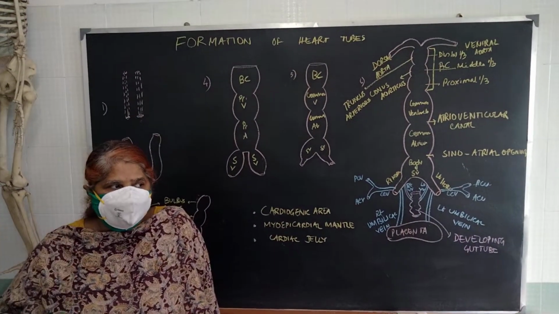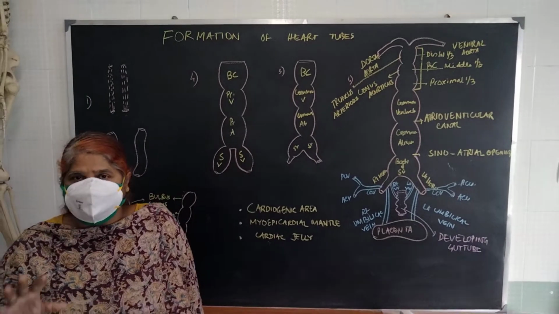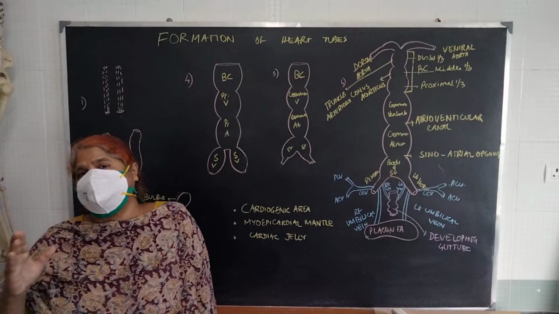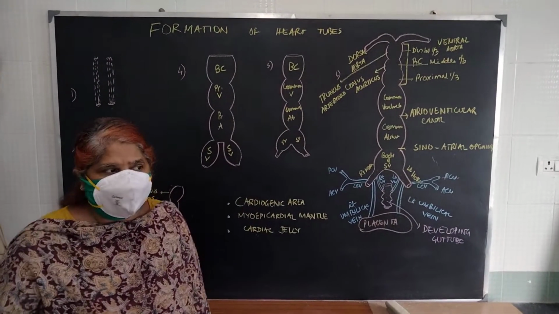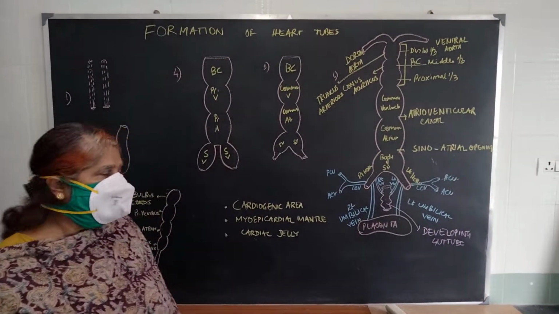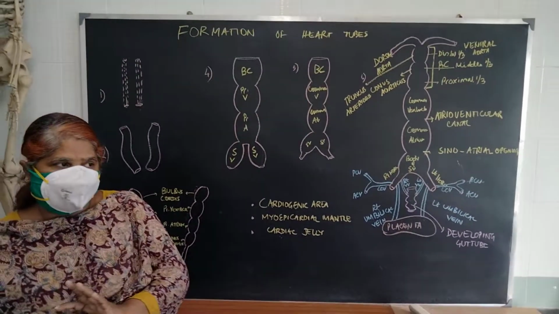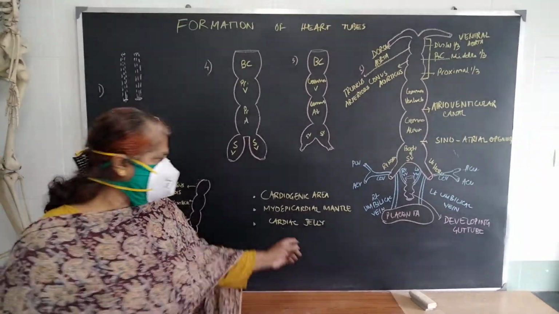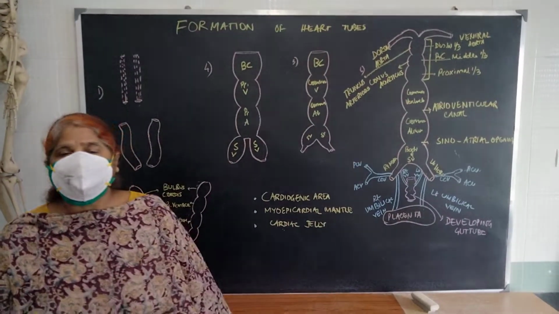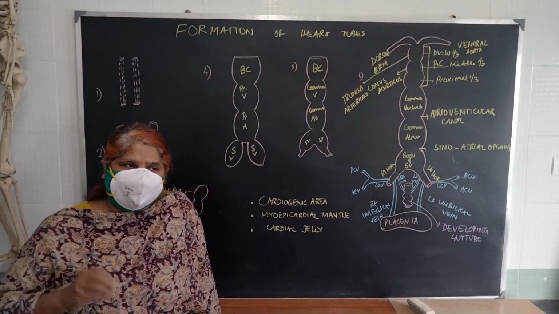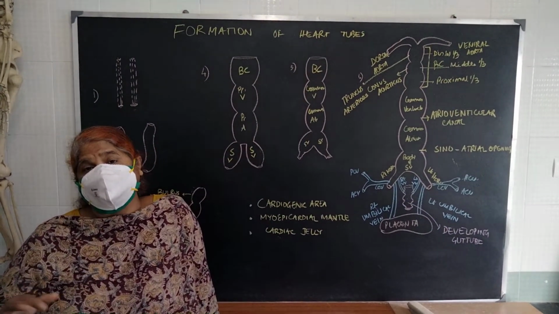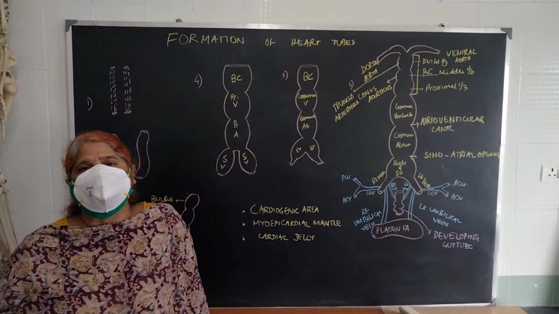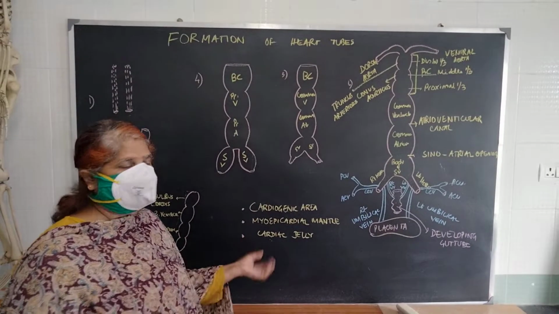It is the acellular gelatinous substance secreted by the myocardium, intervening between the endocardial heart tube and the myocardium, because the endocardium forms the heart tube, and the myocardium and epicardium develop from the myoepicardial mantle. So there must be a jelly-like substance, which is called cardiac jelly. Ultimately it will be incorporated into the myocardium, which will help in the formation of endocardial cushions and the skeleton of the heart that is formed by the different septa of the heart. We will see this in later classes.